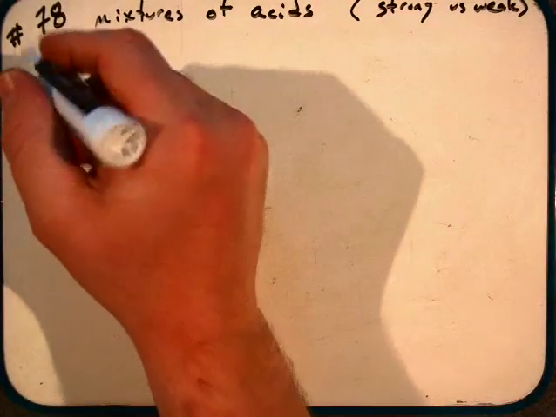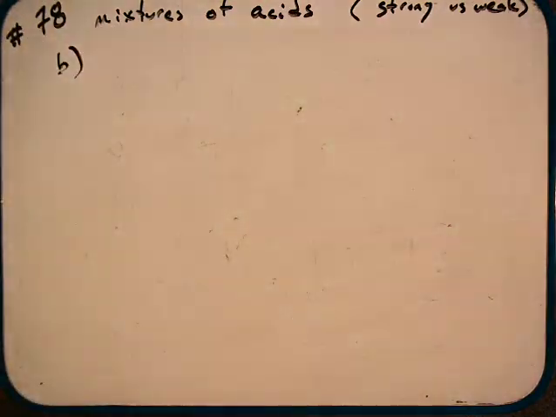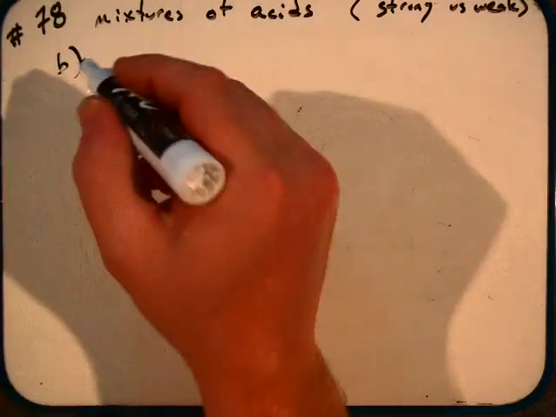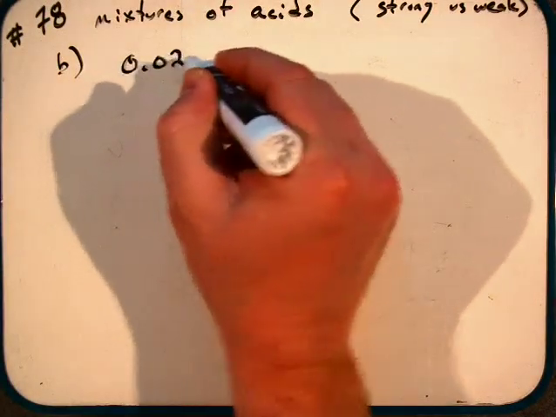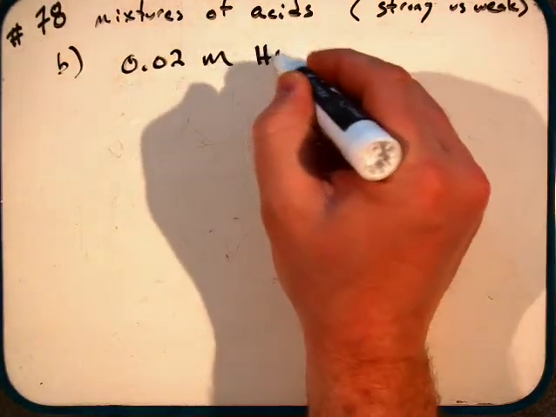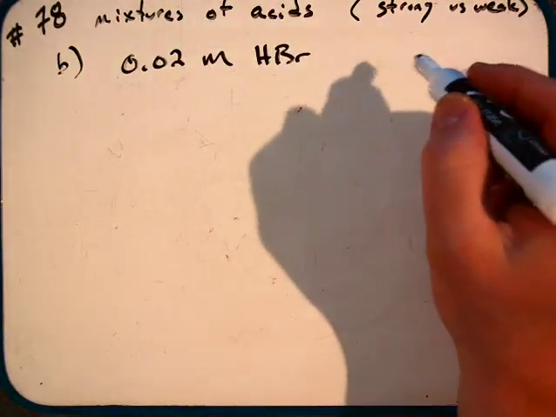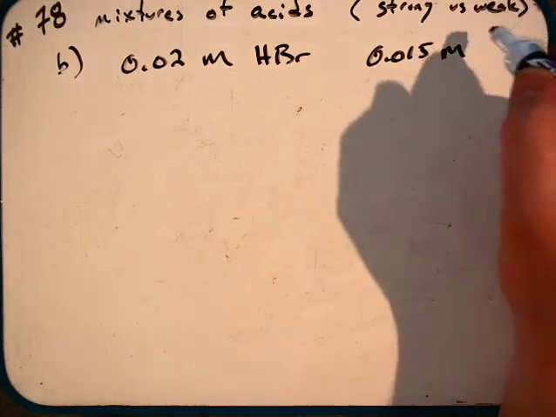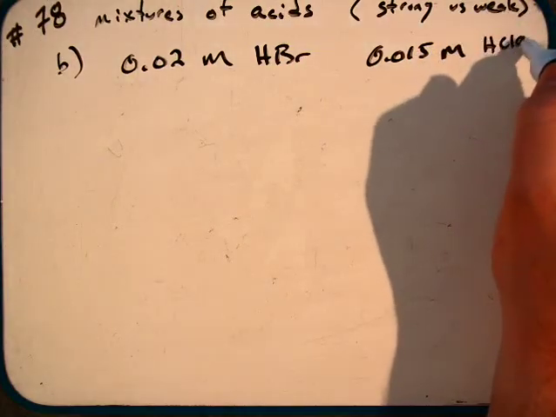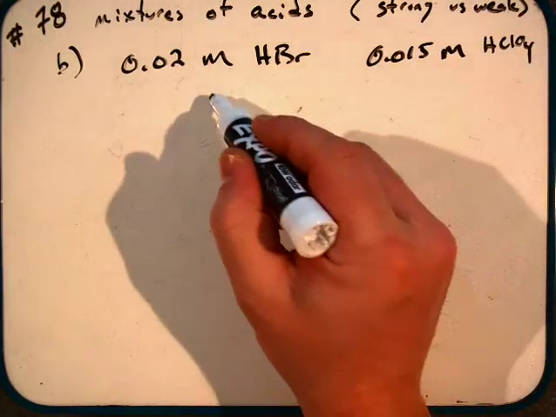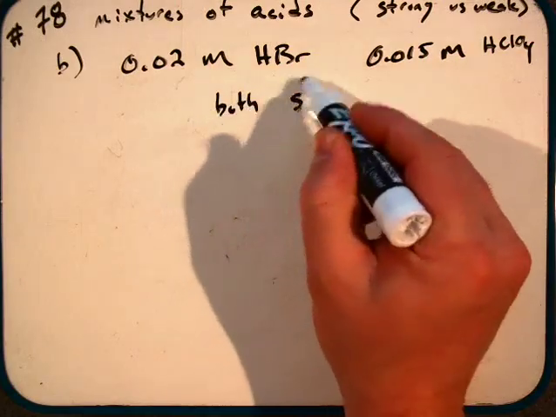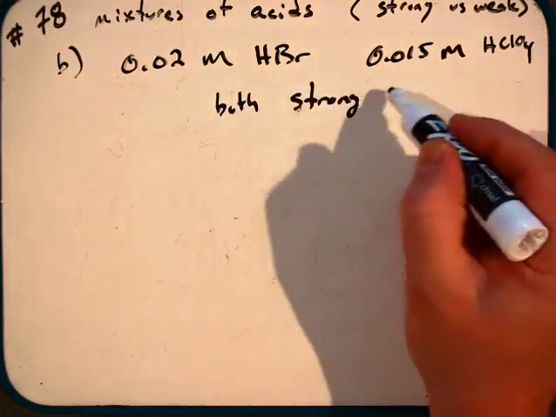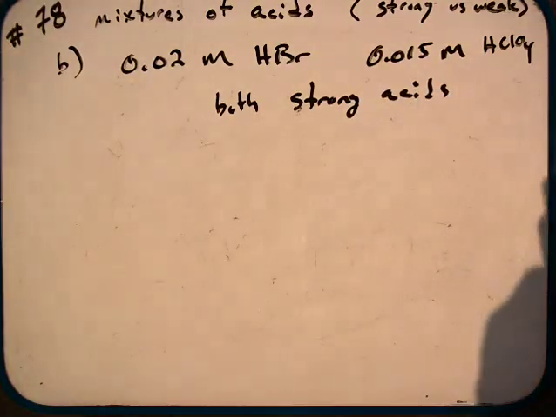For part B, it's talking about two concentrations. We have 0.02 molar HBr, and we have 0.015 molar perchloric acid. Both are strong acids, right?